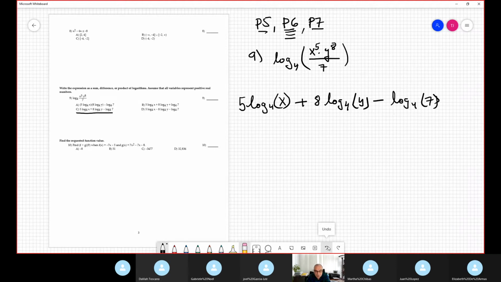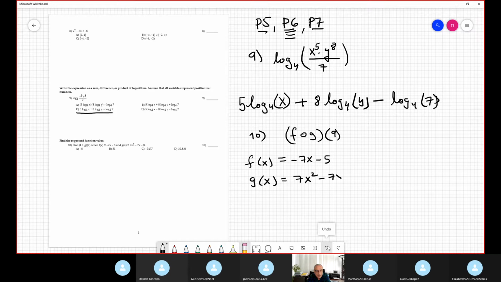Okay, let me try number 10. Number 10 is also easy because you need to find the composition. Students frequently forget this idea of composition. You have two functions. f of x is equal to minus 7x minus 5, and g of x is equal to 7x squared minus 7x minus 8.